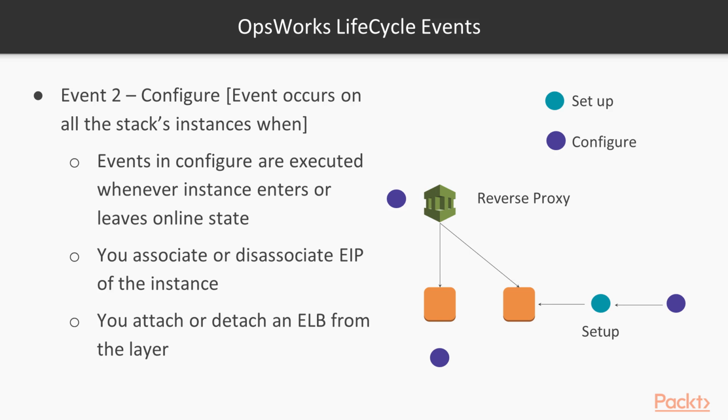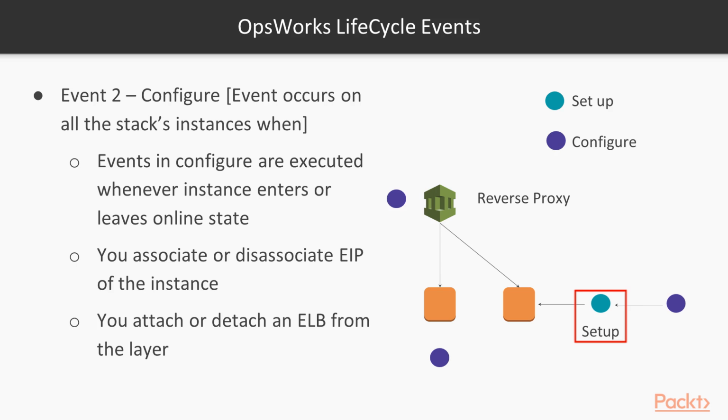So the first stage is the setup stage. The second stage that we have discussed is the configure stage. As soon as this EC2 instance gets initialized, the first thing that happens is the setup stage. This is where all the base packages and everything get installed.